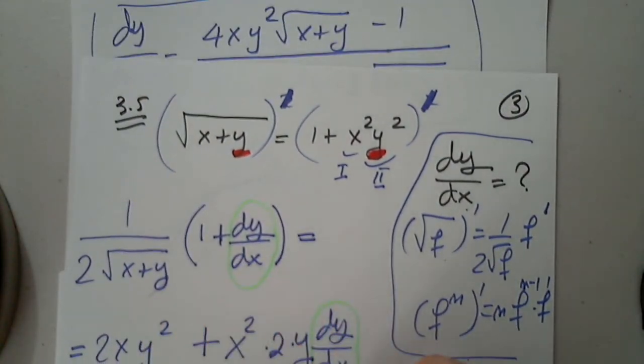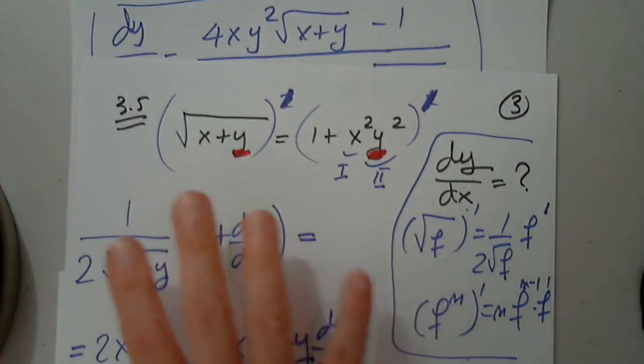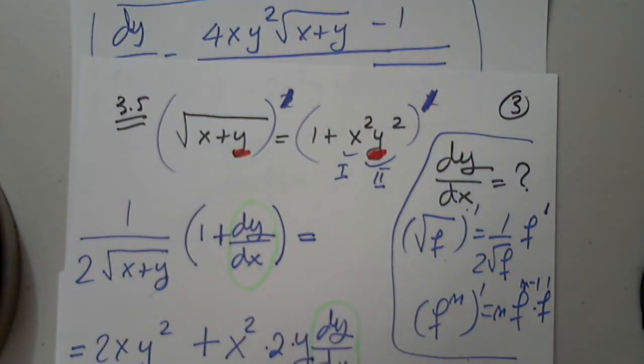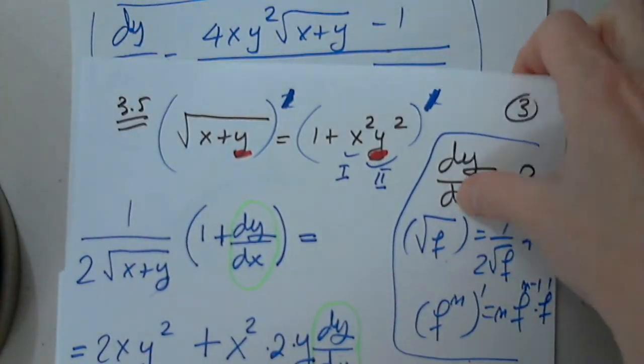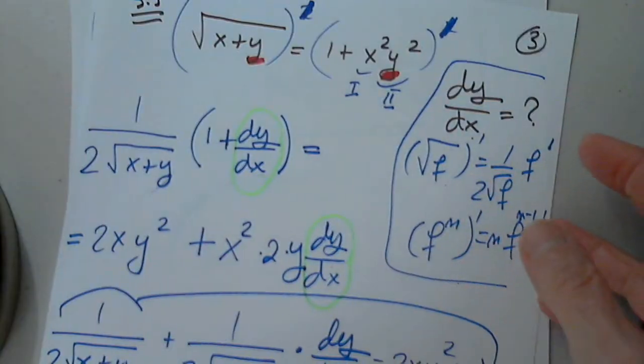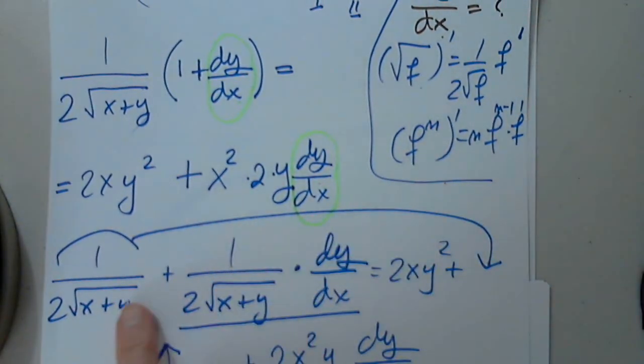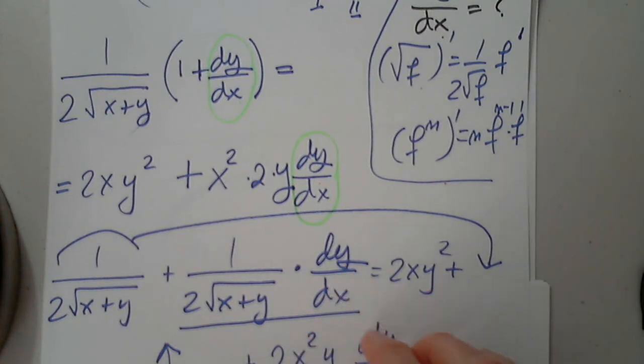But you understand the differentiation part, because everything was done so far, till this point before 3.5. You understand the differentiation part, correct? Nothing is new so far. What is new here is solving for dy over dx. But basically, at this point, this is a linear equation in dy over dx. So how do I solve an equation?